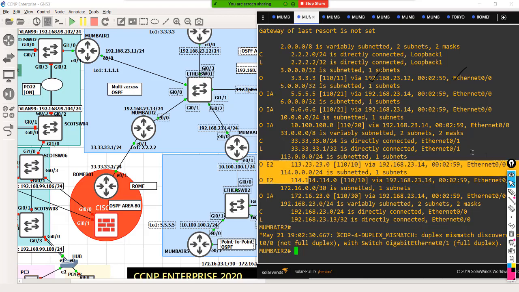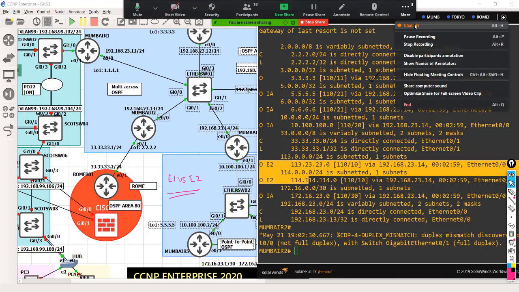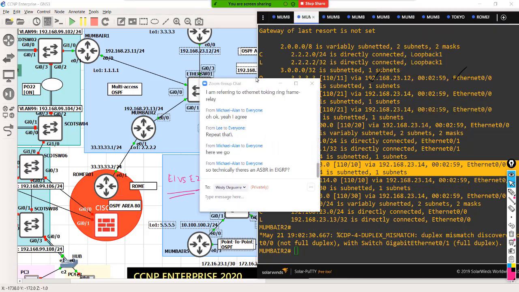But if I talk about E1 and E2, let's say E1 versus E2, which one is better among these? Anyone wants to answer?